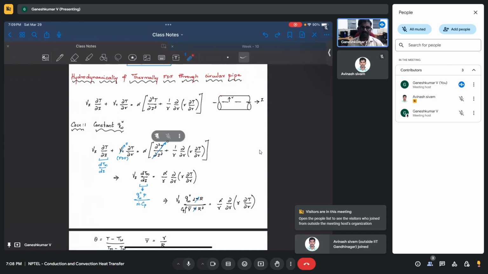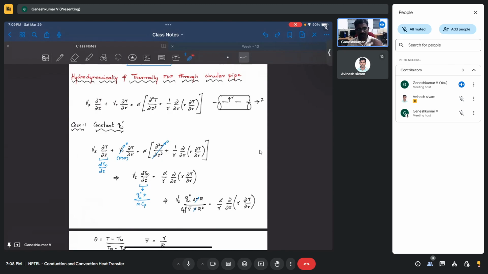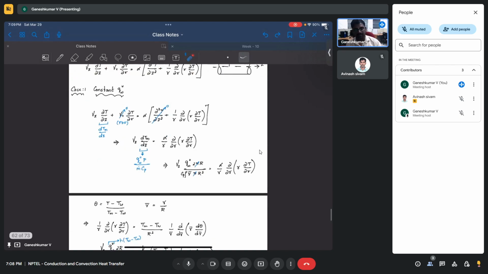I briefly discussed this last week, but if you have a circular pipe, then it becomes an axisymmetric problem. You have to solve the equations in cylindrical coordinates, and this will be your energy equation in cylindrical coordinates. Similarly, for constant heat flux you will be able to solve it, but for constant wall temperature you need to use an iterative method.